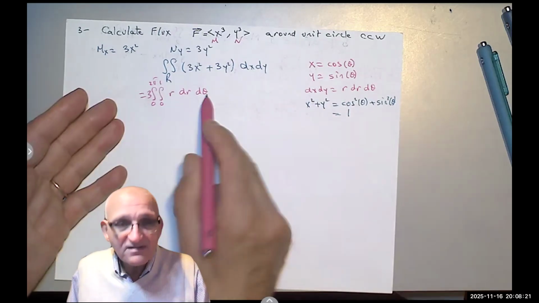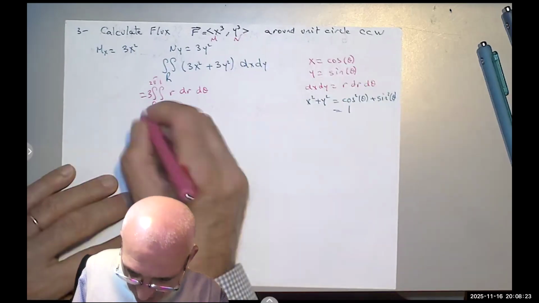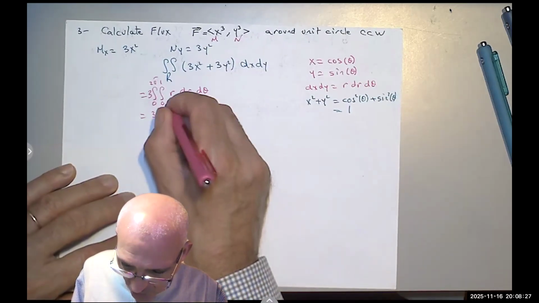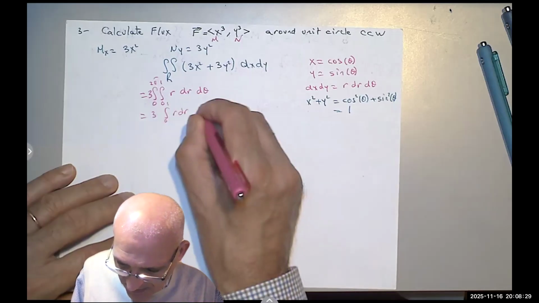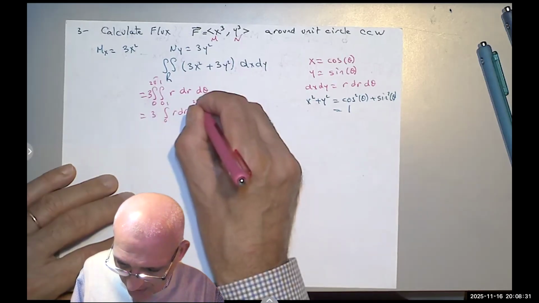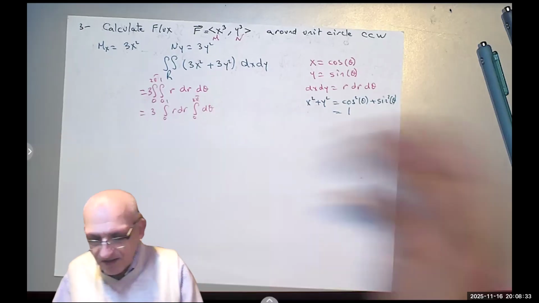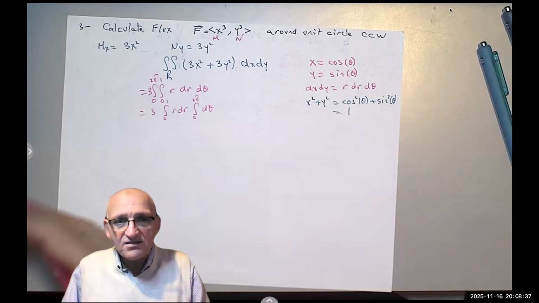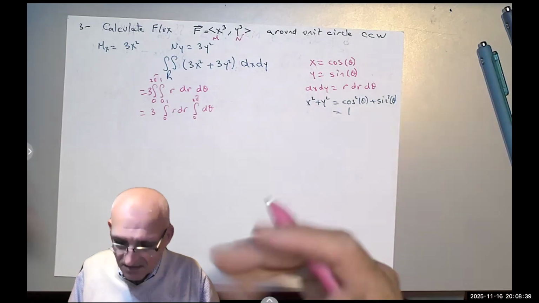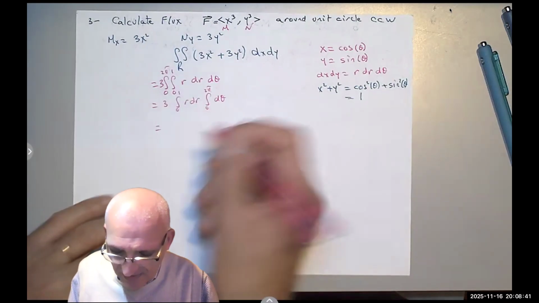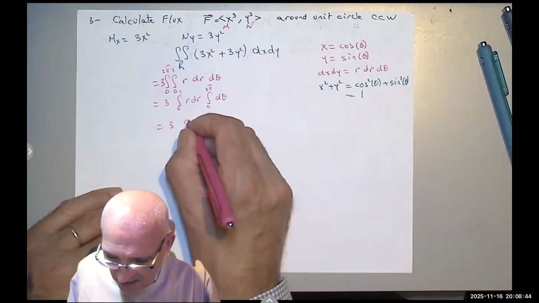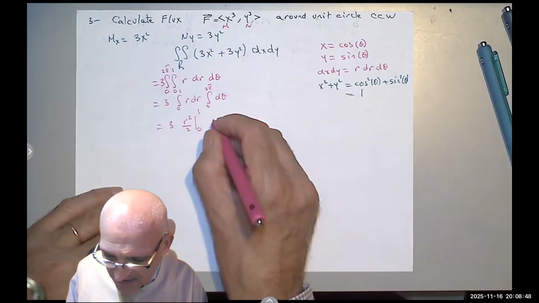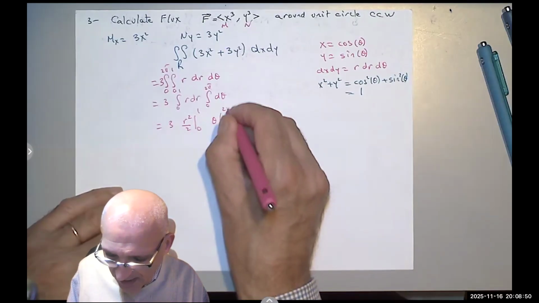Notice that the r and the theta are independent, so I can rewrite that as 3 times the integral from 0 to 1 of r dr times the integral from 0 to 2 pi of d theta, right? Because the integral of r doesn't contain theta, and the integral of theta does. So we can do it very fast. We can say r squared over 2 from 0 to 1 times theta from 0 to 2 pi.